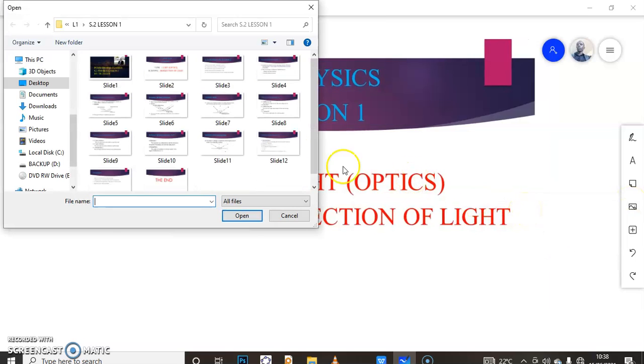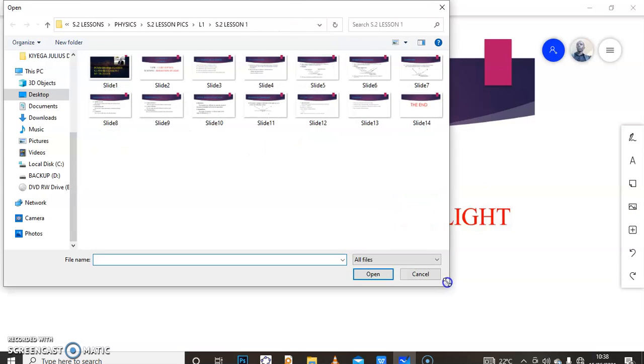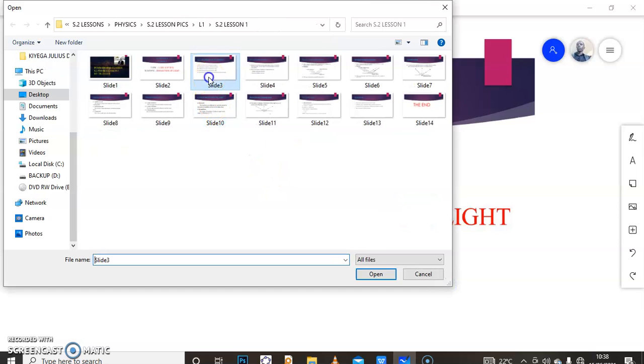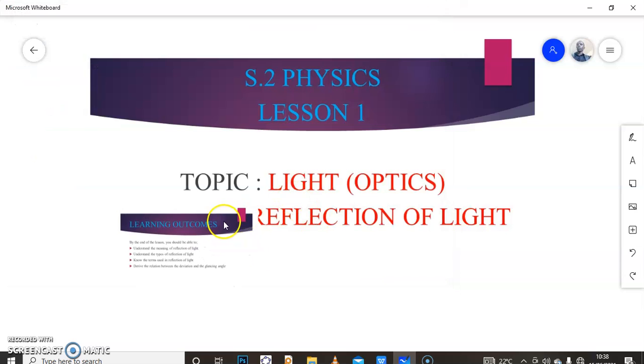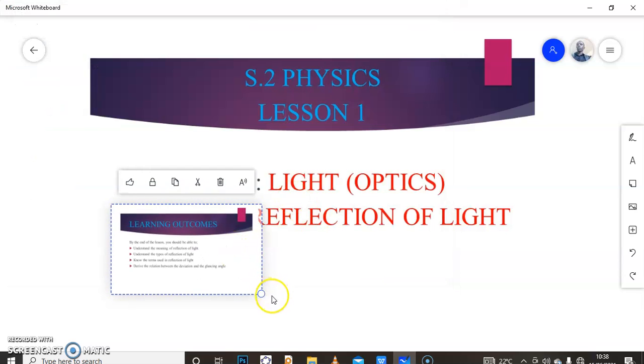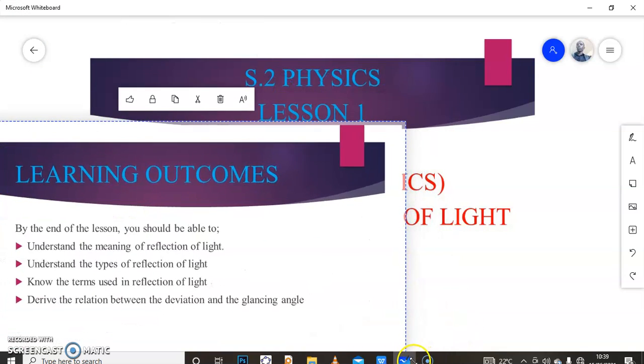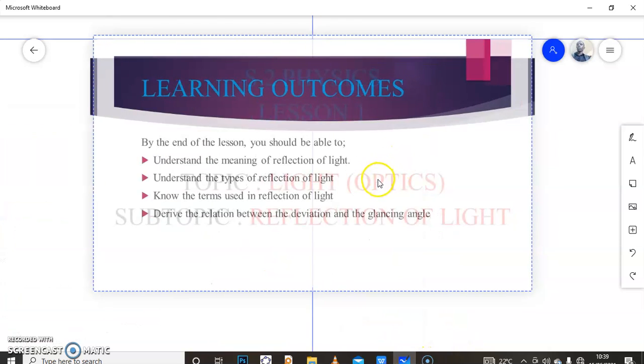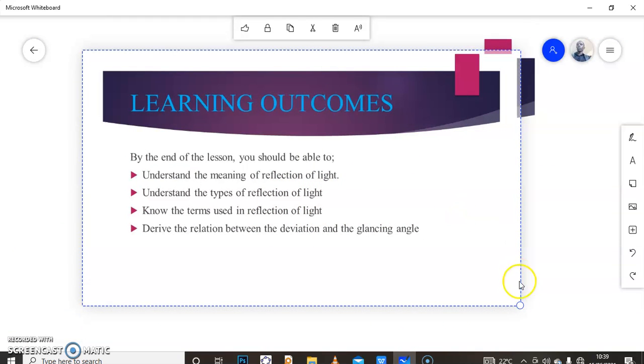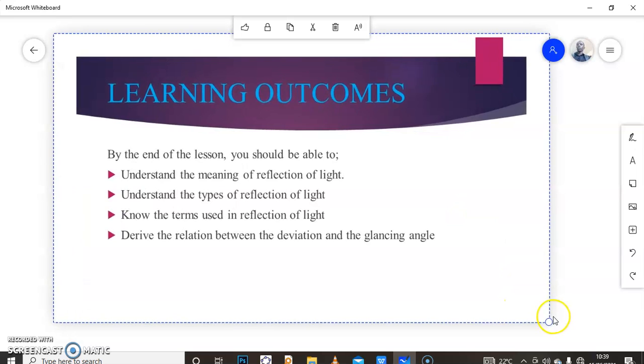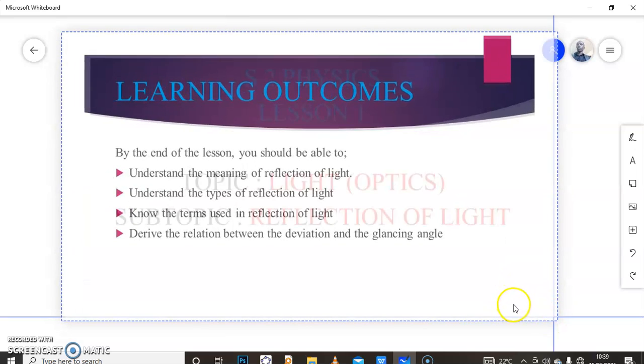We need to know how it happens. So in this lesson, these are the objectives of the lesson. That means by the end of the lesson, you must have grasped such.